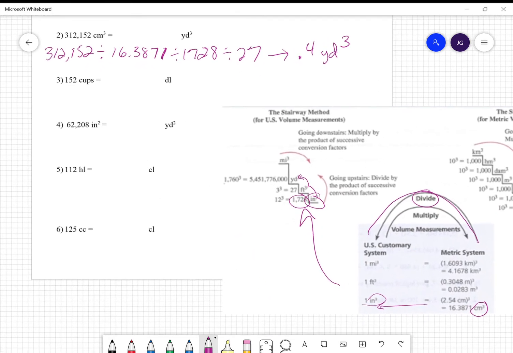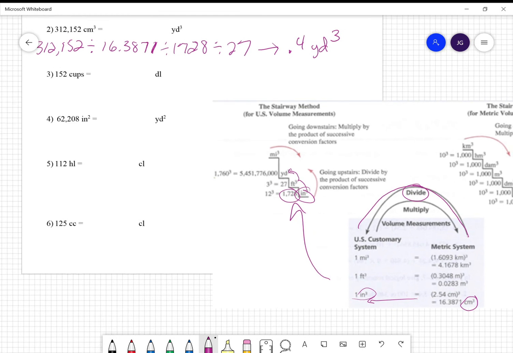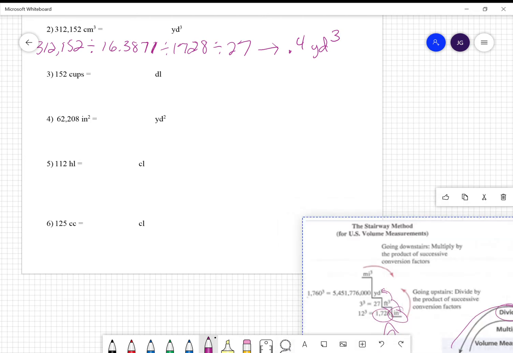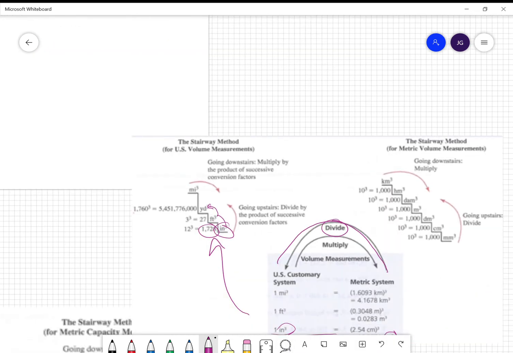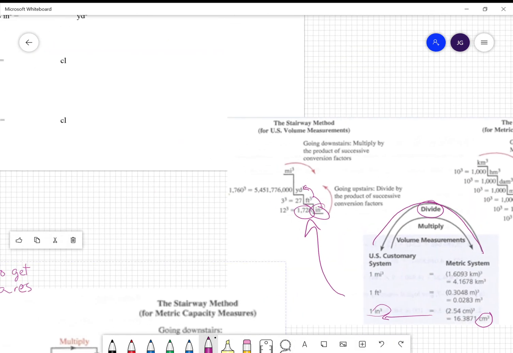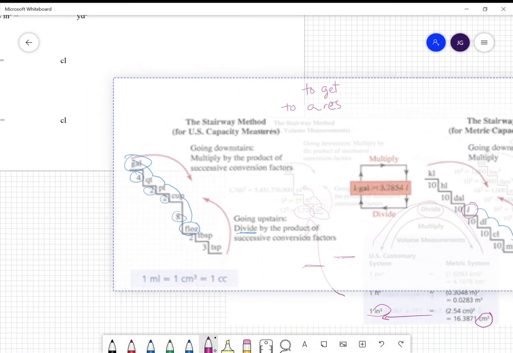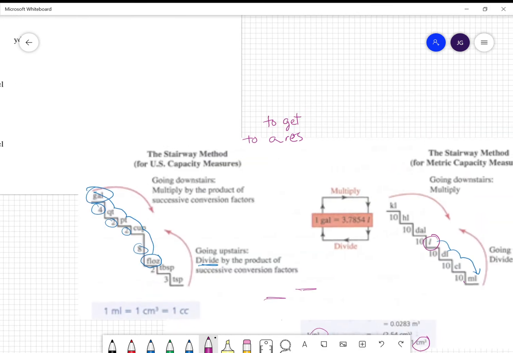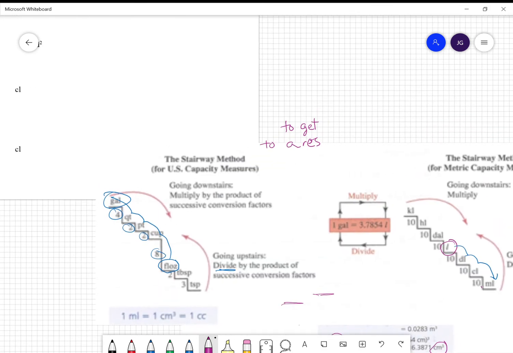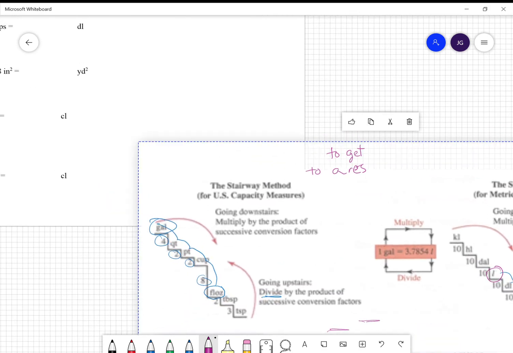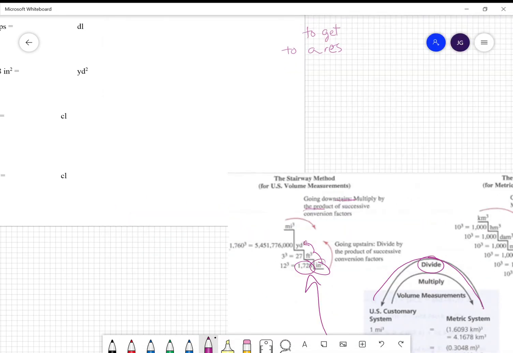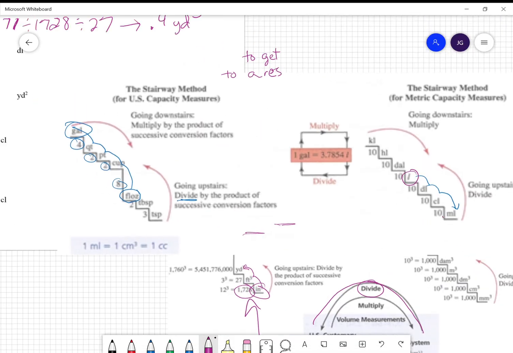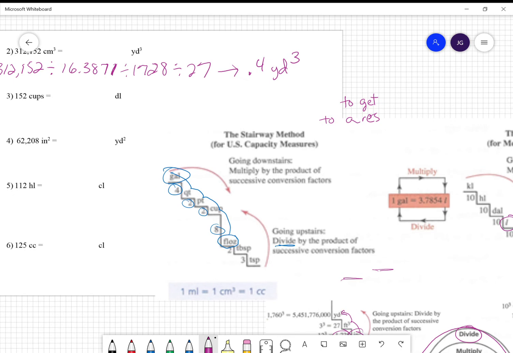Okay, next example. I'm going from cups to deciliters, so that is not volume. That is capacity, which I believe is over here. So I'm going from 152 cups to deciliters.